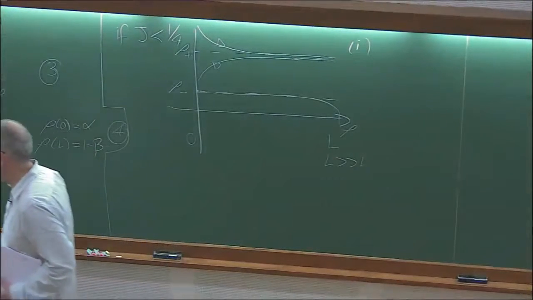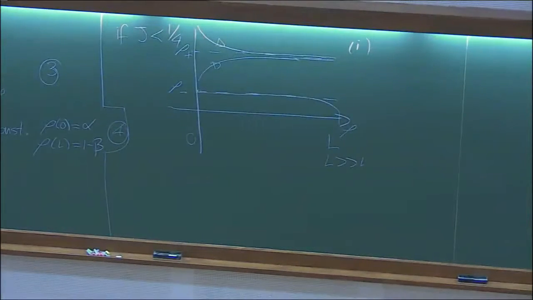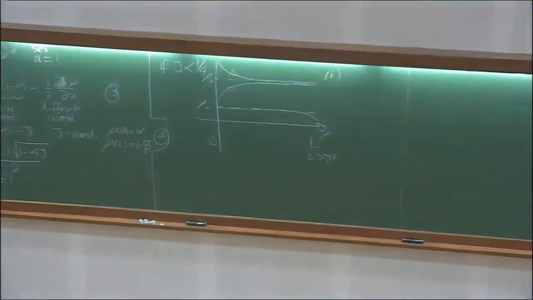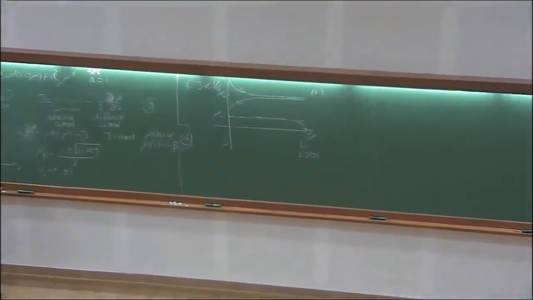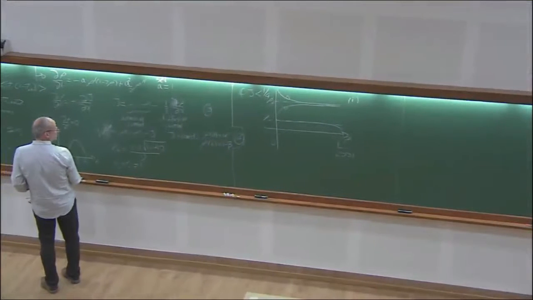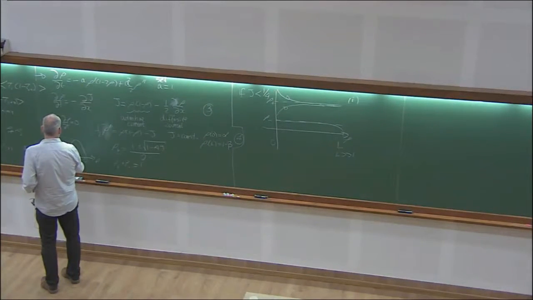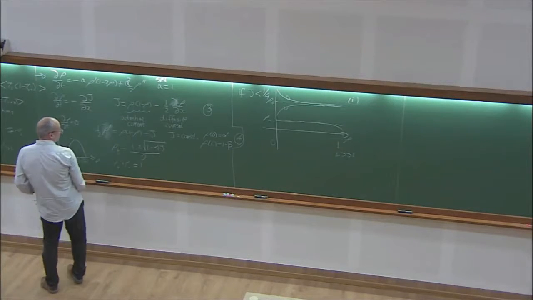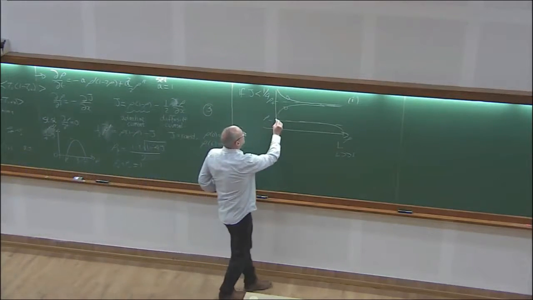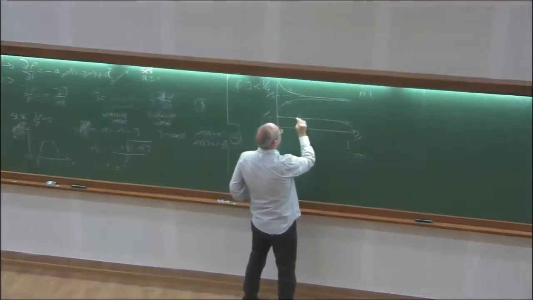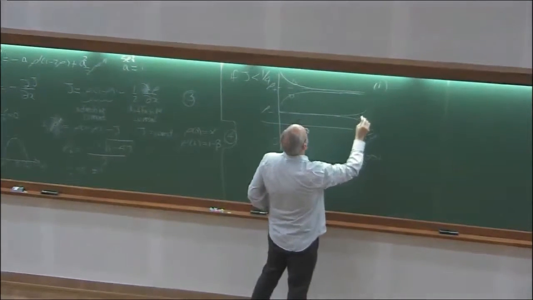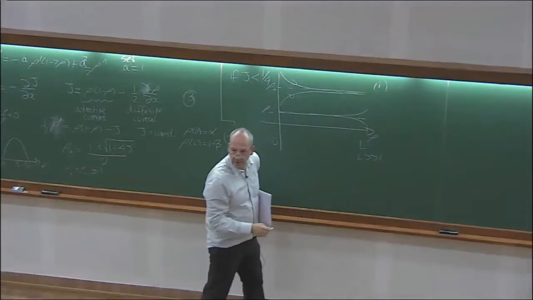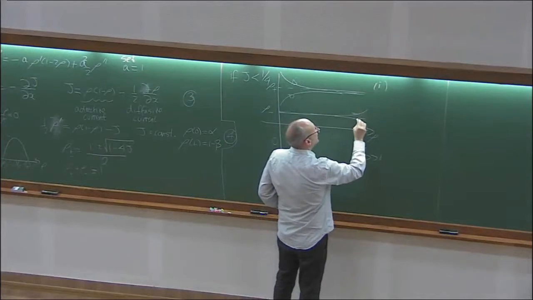And similarly, if I start around here somewhere, then the derivative is positive. So if I started very, very close to rho minus, then I would do that, and again, that would be an okay solution.